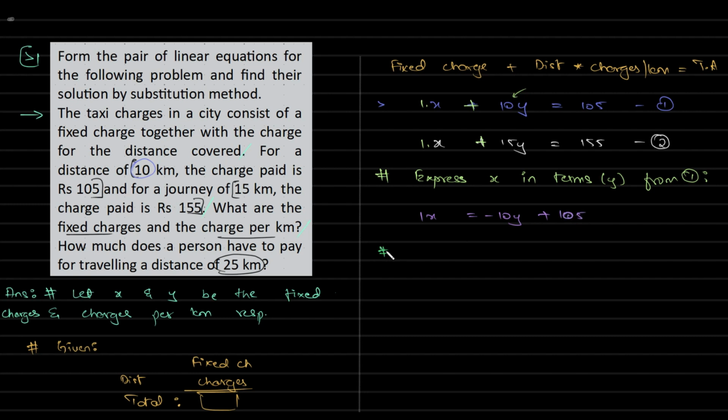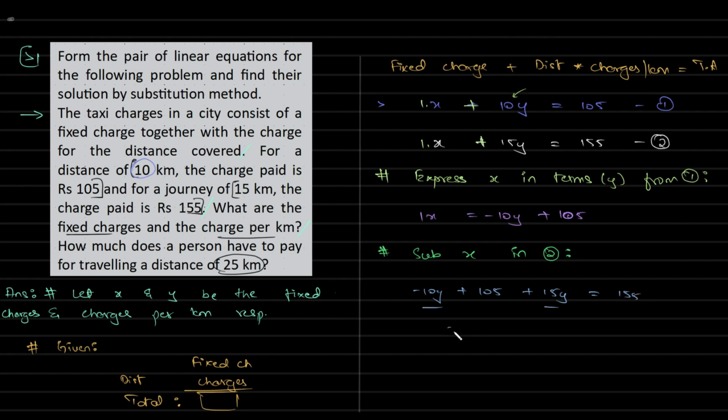So this we need to substitute, not in equation 1, but in 2. So in place of x, we write minus 10y plus 105, plus 15y is equal to 155.